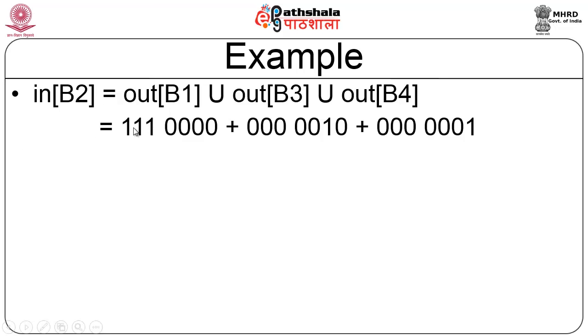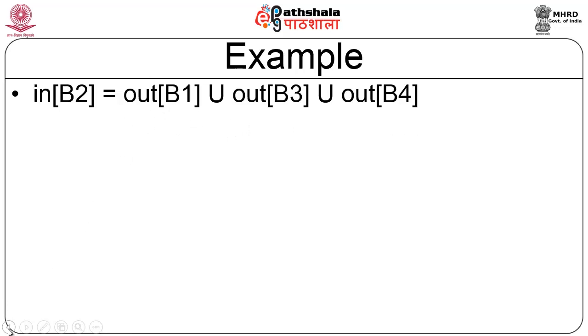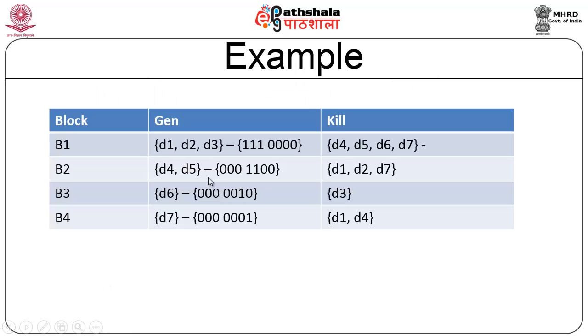So, out of B1, out of B3 and out of B4, we have assumed to start with, will have basically these 3 components only because out is equal to gen. So, out of B1 is the D1, D2, D3 bits set to 1, out of B3 is D6 set to 1, out of B4 is D7 set to 1.